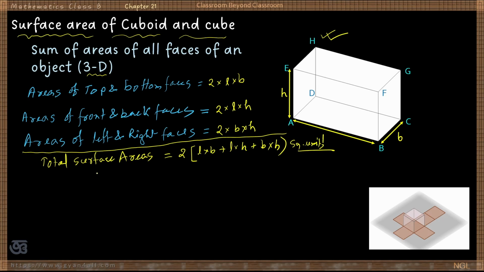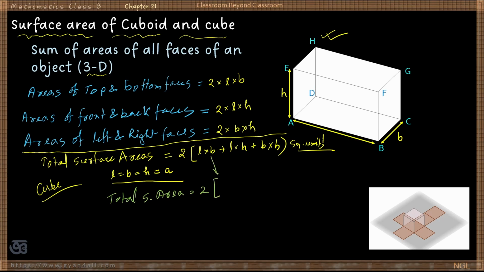Now if this is a cube, then all the 3 dimensions are equal. That means all the edges are of equal length, and in that case L is equal to B is equal to H, and suppose the lengths of all the edges of the cube are equal to A. So total surface area is equal to 2 multiplied by (L multiplied by B, which is A into A, plus L multiplied by H, which is also A multiplied by A, and plus BH, which is also A multiplied by A).